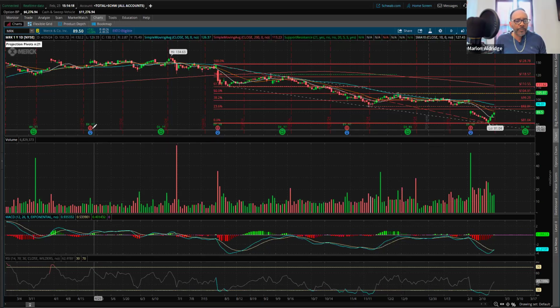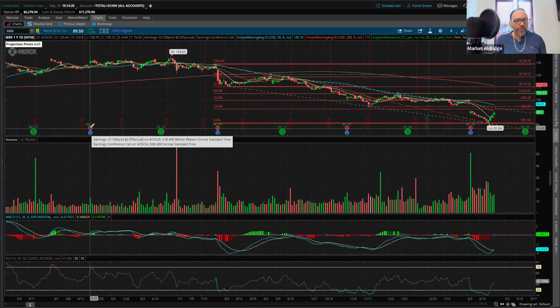If you put your cursor over that, it'll say what the analyst estimated for earnings. The analyst estimated, and this was on March 25th, 2024, earnings per share of $1.94, and the actual earnings were $2.07.